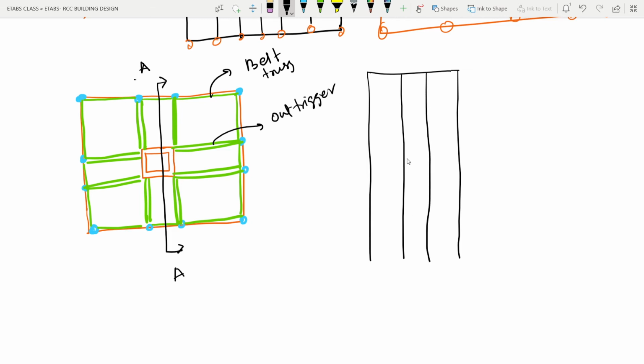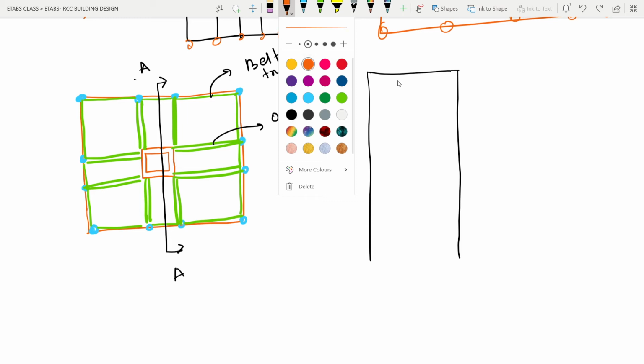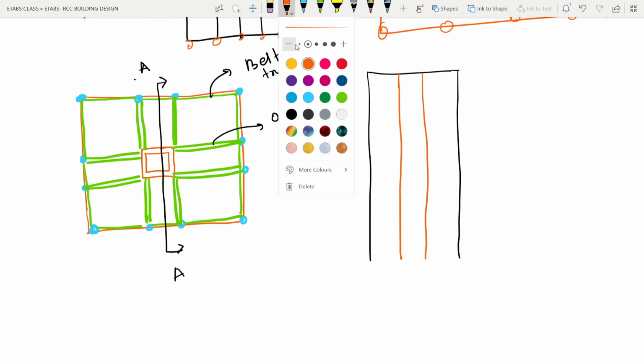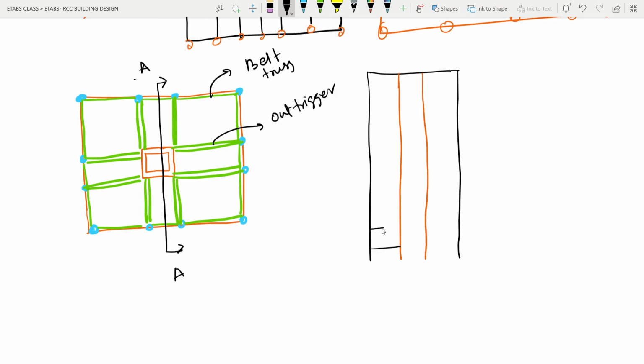Let me draw with a different color so that it will be easy to understand. So this is the core, and then we have the floors. I will just draw the floors. These are my floors.